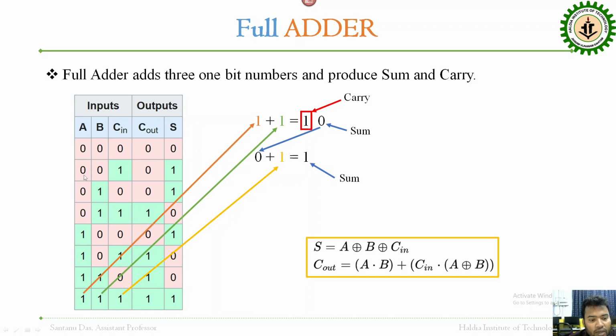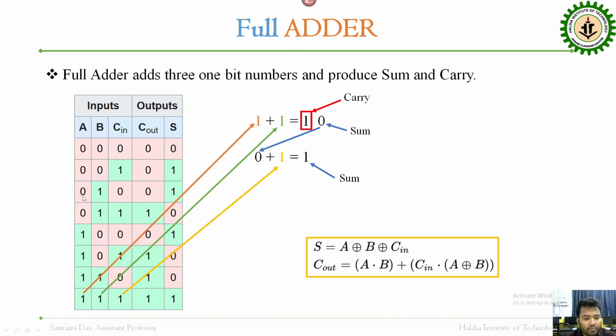First add A and B: 0 plus 0 gives 0 for sum and carry. Now we have 0 for sum, but we have to add another 1 with the result. So 0 we already have in hand, and adding 1 results in 1 for sum and 0 for carry. Okay, I think it's clear now.